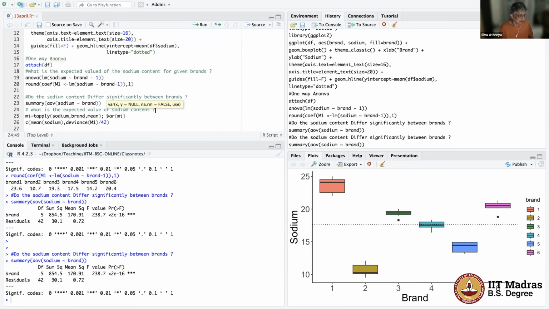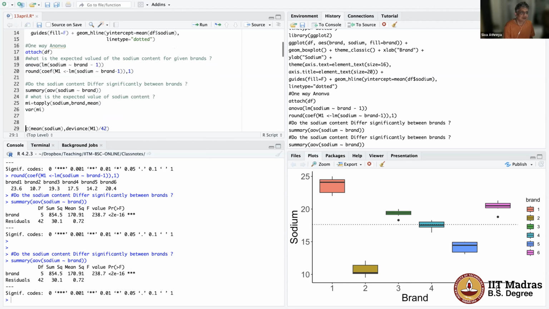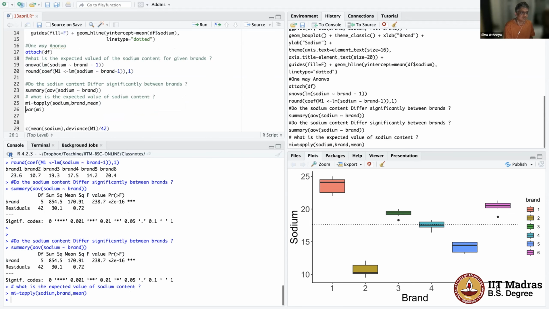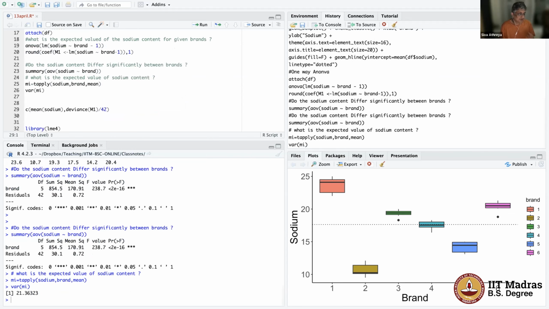So I computed the mean, and then I looked at the variance of the mean. Let's do this. So that's 21.6.